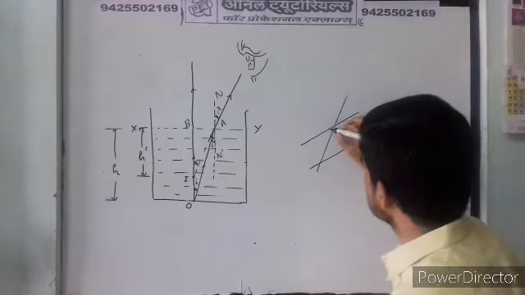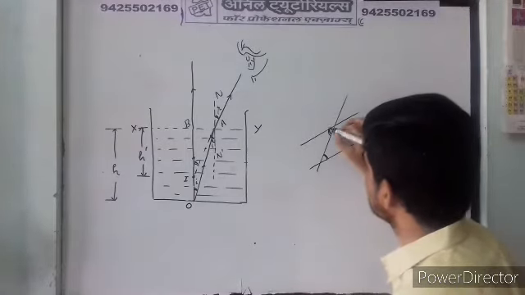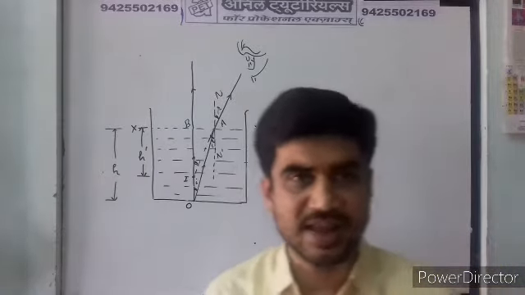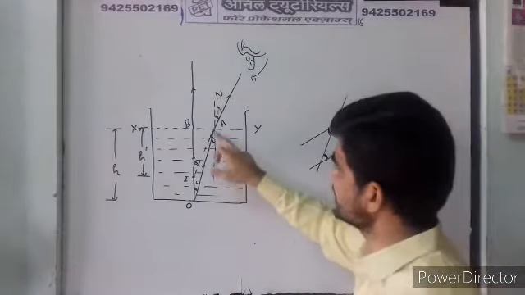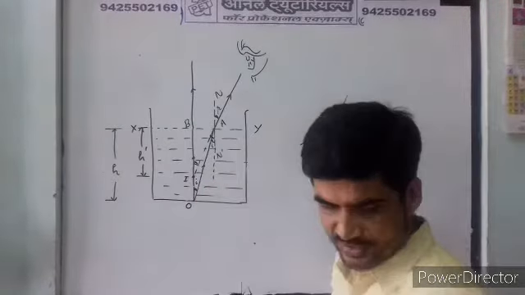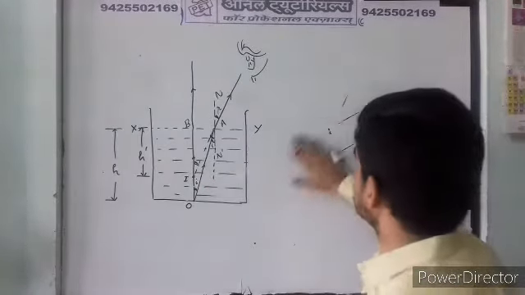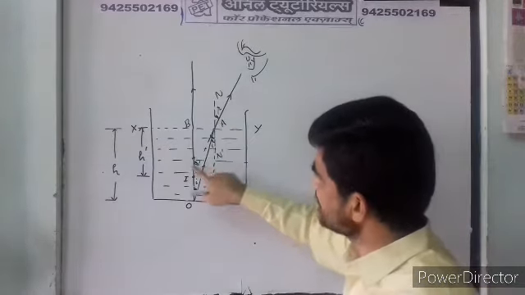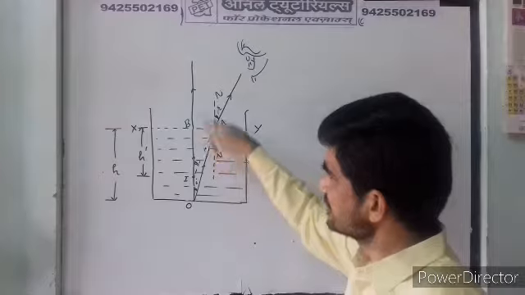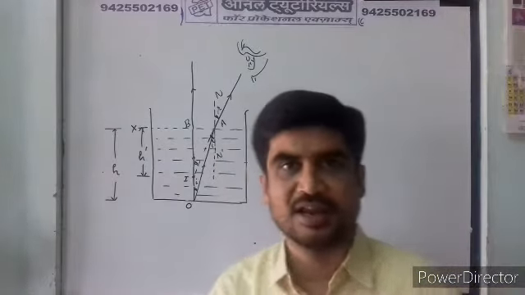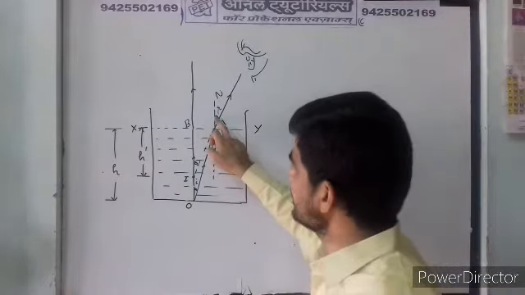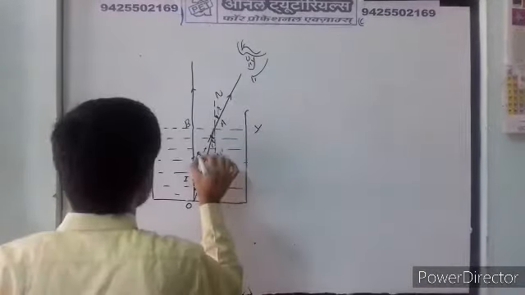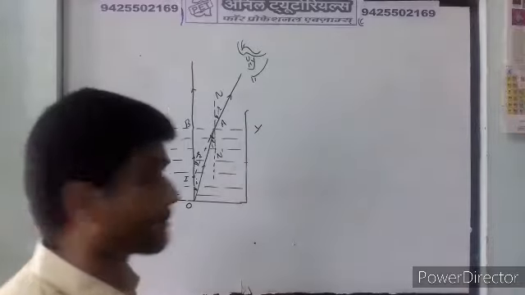This is the alternate interior angle; this angle and this angle are always equal. Here, the angle of incidence at the normal and this angle are equal. Similarly, these two angles are also equal because this is the normal. Both normals are parallel to each other, and hence the alternate angles are equal. Clear?